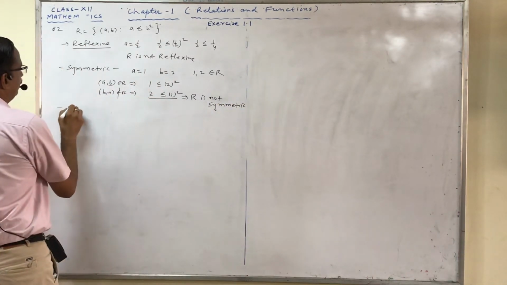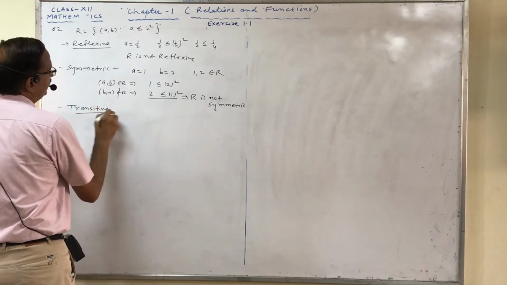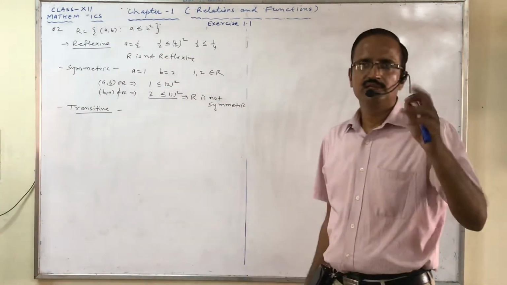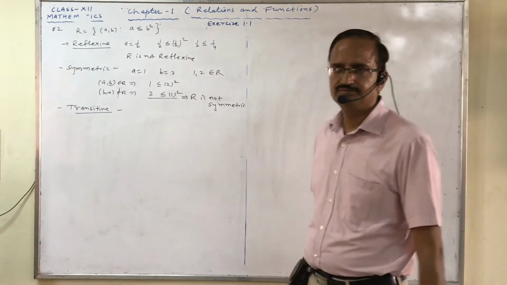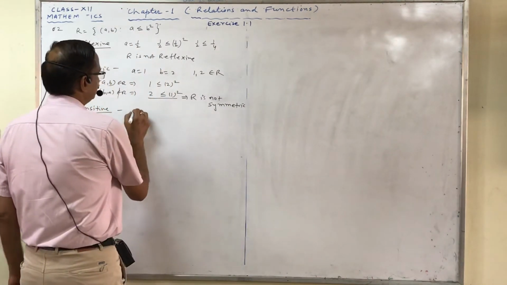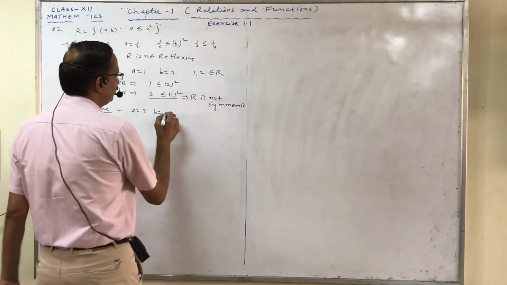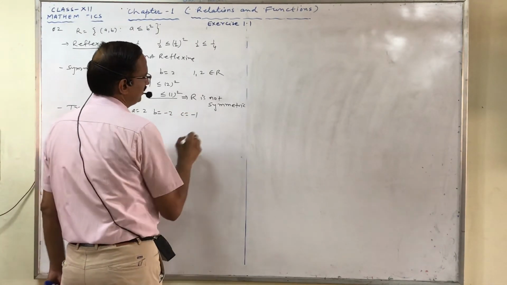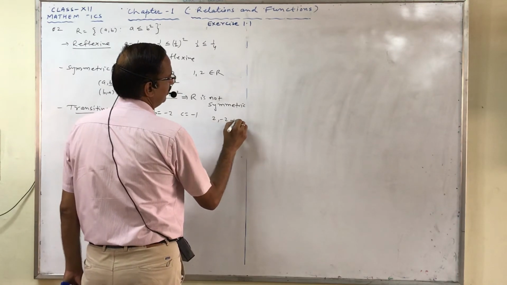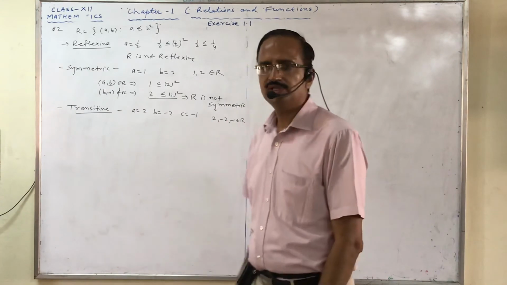Now come to transitivity. Whether it is transitive or not. For this, we need 3 numbers. So I am taking a equals 2, b equals minus 2, and c equals minus 1. 2, minus 2 and minus 1 all belong to real numbers. Okay, children?